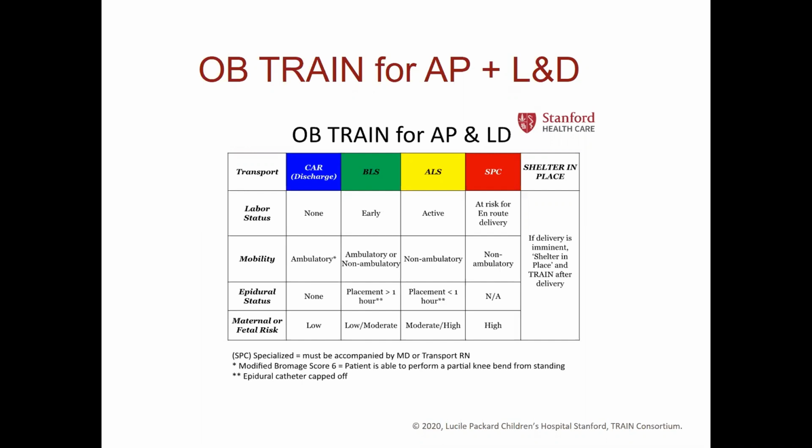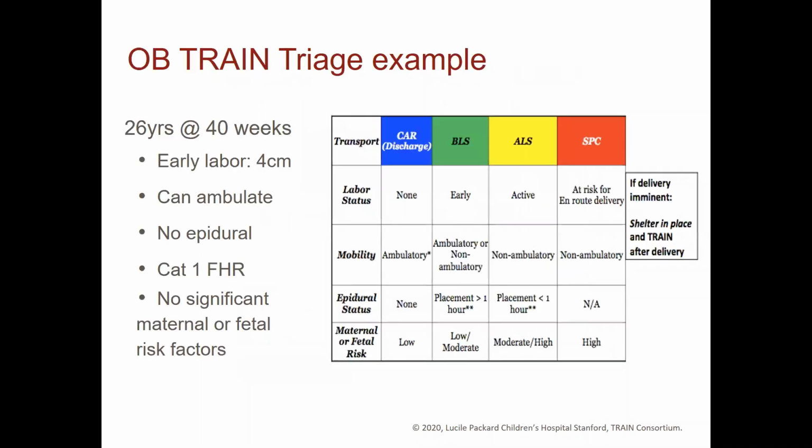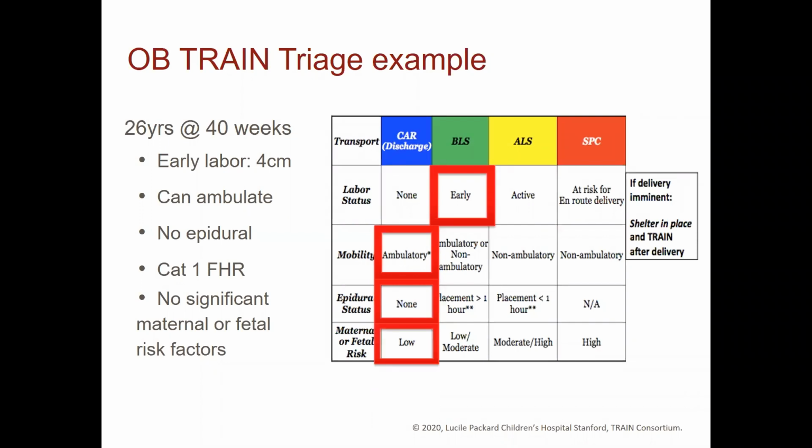Next slide. Probably the best way to explain this is to go through 2 very simple examples. So we've got a 26-year-old at 40 weeks, which is term. She's 4 centimeters, which means she's in early labor. She can walk and she has no epidural. Baby is category 1, which basically means baby's fine and mom has no problems.